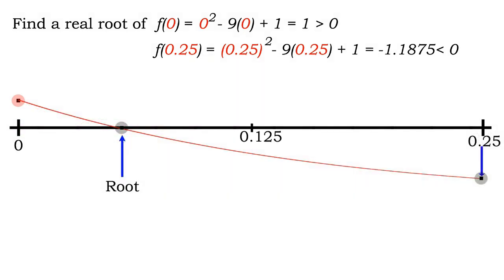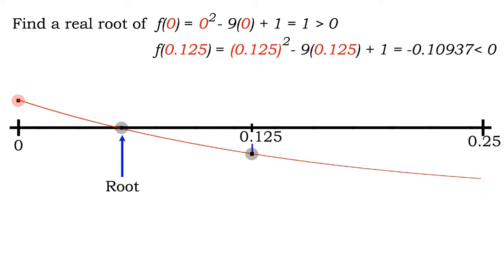Let's again take the midpoint of this interval. Corresponding to this midpoint, the function takes a negative value, which can again be shown mathematically. So by Bolzano's theorem, the root of this function lies between 0 and 0.125. Our previous claim was that the root of the function lies in this interval, but we now find that this interval reduces to this.